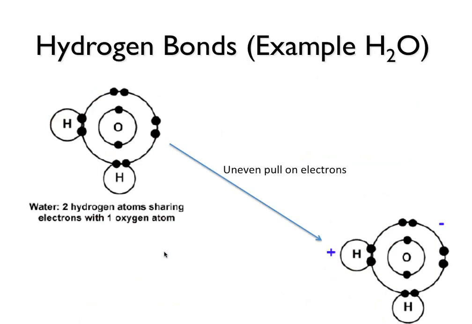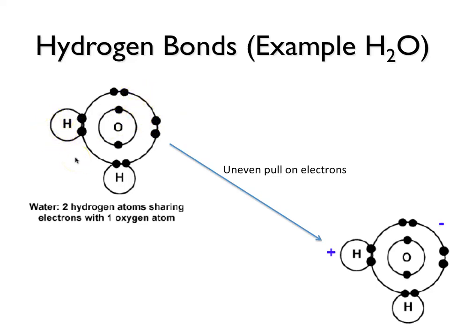Hydrogen bonds are formed because within these covalent bonds, electrons aren't always shared evenly. Within water, oxygen is what we call more electronegative than hydrogen. And as such, the electrons want to spend a little more time over near oxygen than they do to hydrogen.